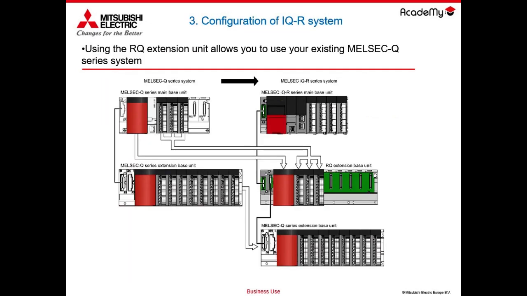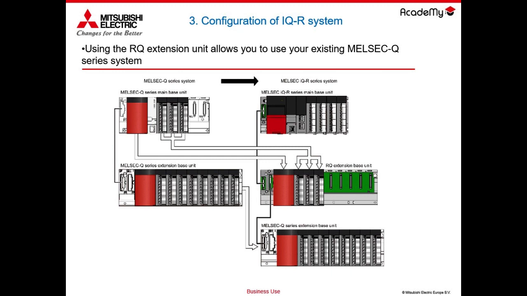An important concept for those approaching the iQ-R system starting from an existing system is backward compatibility. Migration from Q to R can be done by following and respecting some configuration rules. What does it mean?